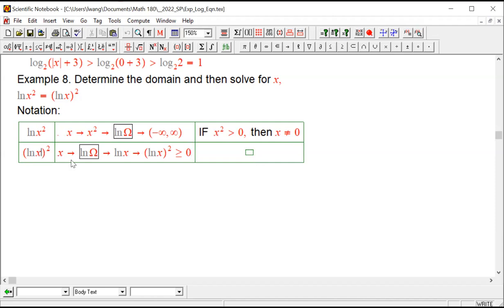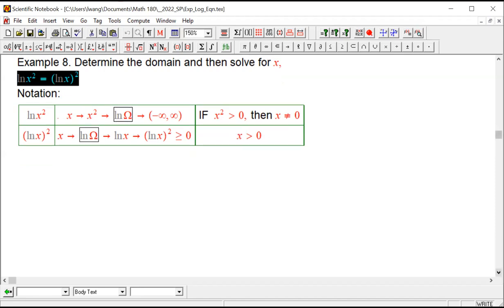As a result, because x is given to the ln function at first, x must be positive, right? So you can see these two functions on both sides actually have different domain and even different range, right? Borrow the ideas we have from earlier.